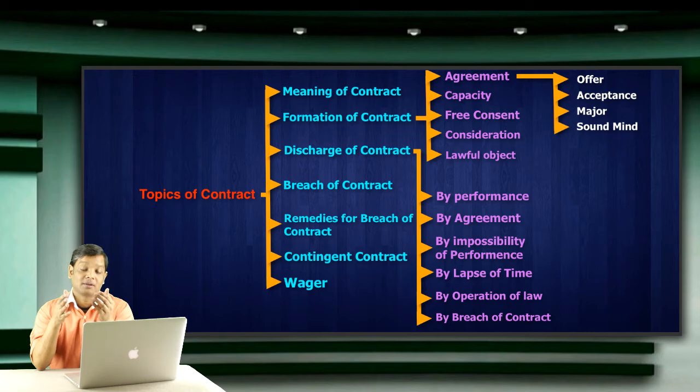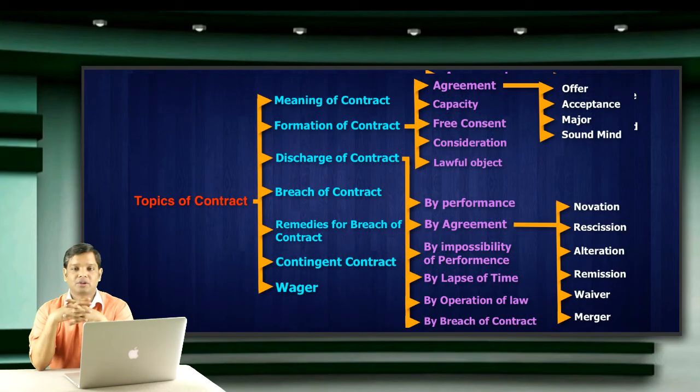With mutual understanding, we can discharge without performing, or we can change the terms and conditions of the contract through a new agreement. So let's check out what are those agreements through which we can discharge the contract.